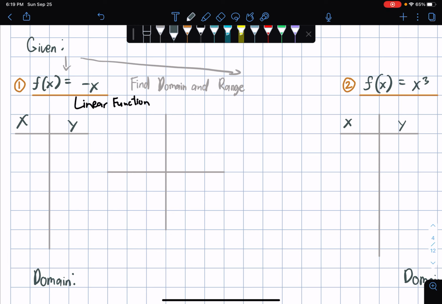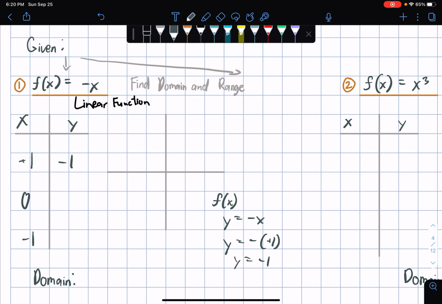So let's say I'll give random numbers for x, say positive 1, 0, -1. Given f of x becomes y, then y is -x. With x as positive 1, y is -1.